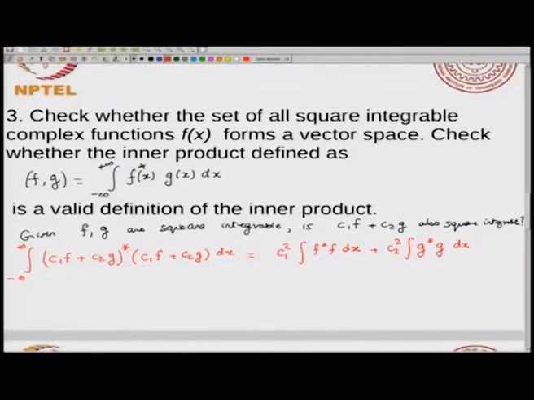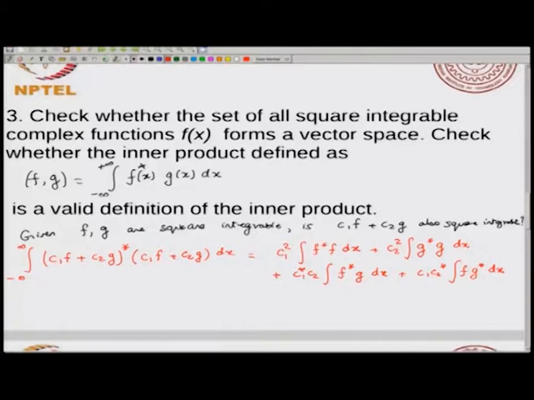So these are the two things. I am not bothering putting the limits here, and then you will have cross terms that will look like C1 star C2 integral f star g dx plus C1 C2 star integral f g star dx.